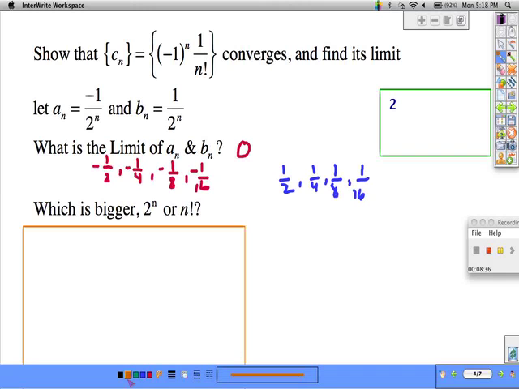And then the terms that we're actually dealing with, those would be -1 to the first times 1 over 1 factorial. So the first term is -1. The second term would be positive 1/2. The third term would be negative 1/6.